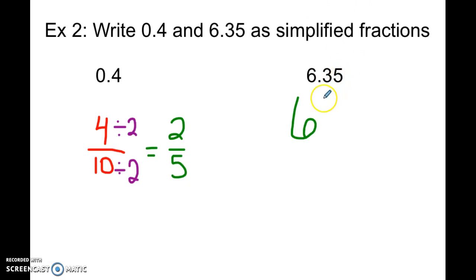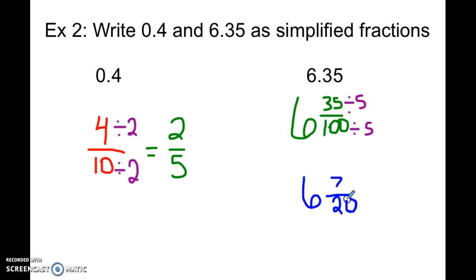Tenths, hundredths, so that's 6 and 35 hundredths. 35 and 100, we can divide both of those by 5. 6 comes down and comes along for the ride. 35 divided by 5 is 7. 100 divided by 5 is 20. So 6 and 35 hundredths is the same as 6 and 7/20.